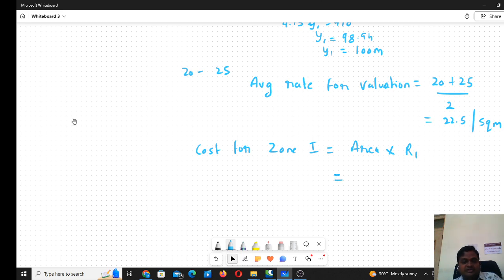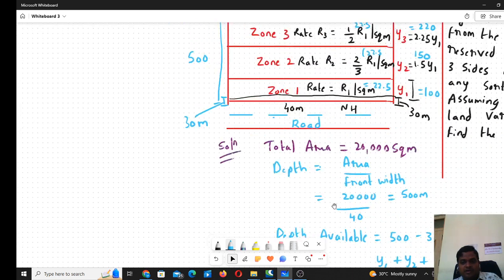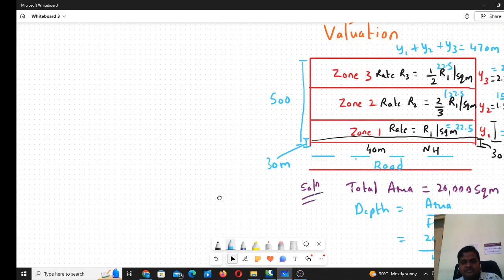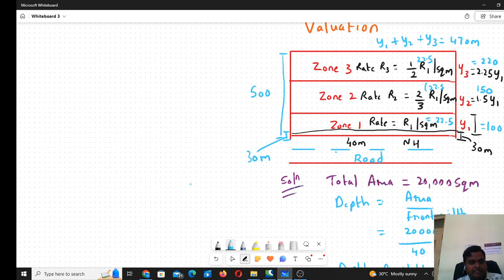I will calculate here itself, so that it will be easy. Cost for zone 1 is equal to area into rate R1.